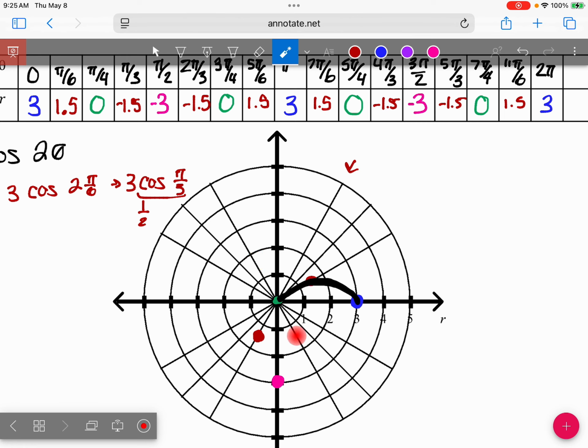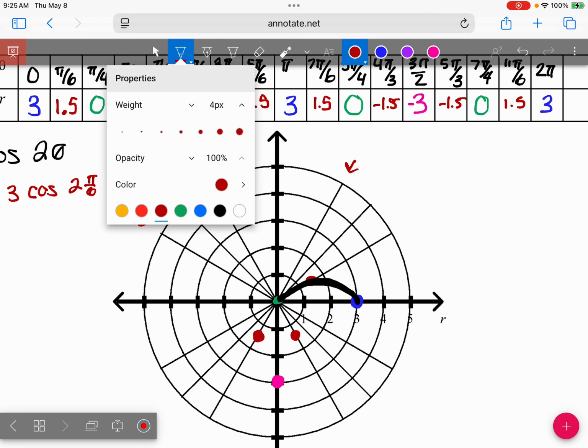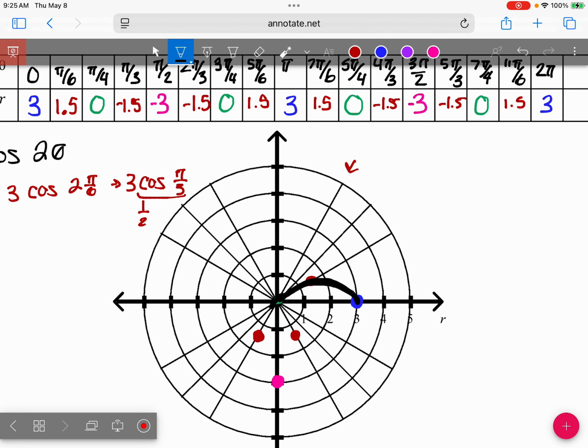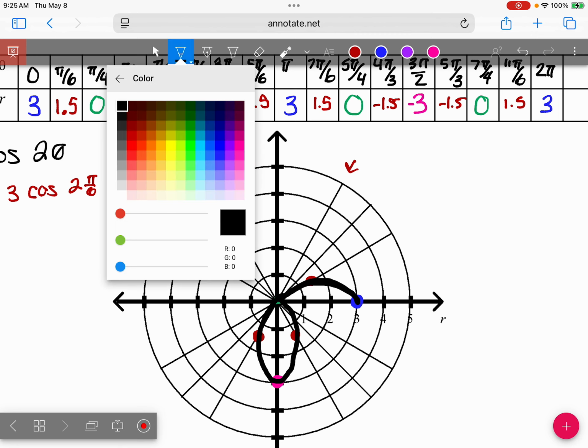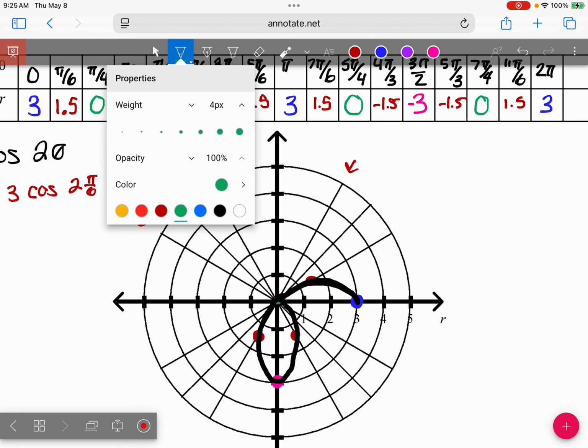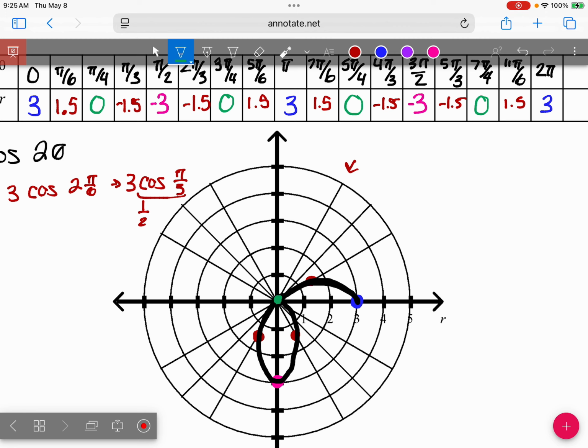So it's going to be down here. And then we have another 0. So I'm going to connect them up because I know it's going to connect from here. Red point, pink point, red point, back to 0. Because that's where we started with a 0. We ended with a 0 on that petal.